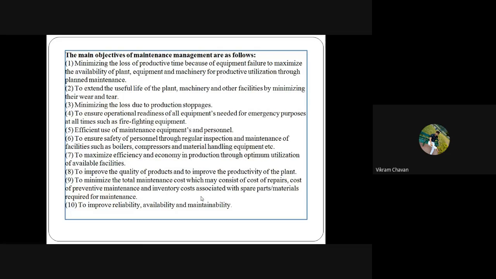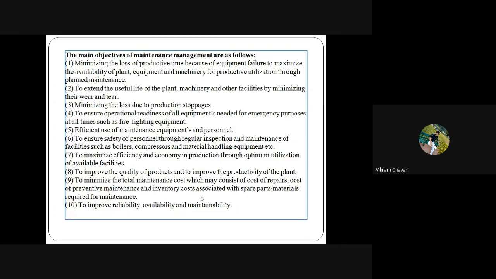Then minimizing the loss due to production stoppage. Then to ensure the operational readiness of all equipment needed for emergency purposes at all times, such as firefighting equipment. These are the facilities. You can see these firefighting equipments in our colleges also.